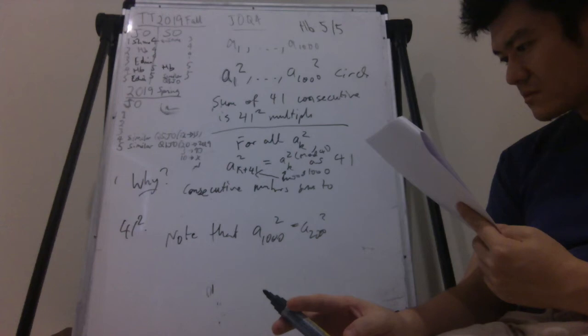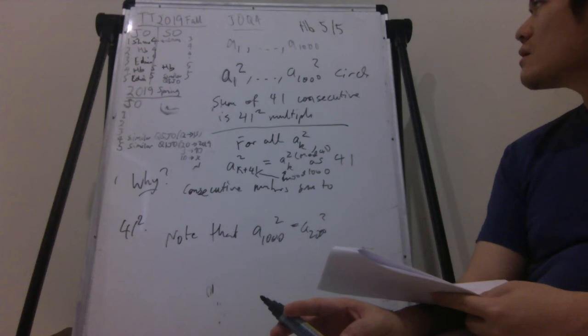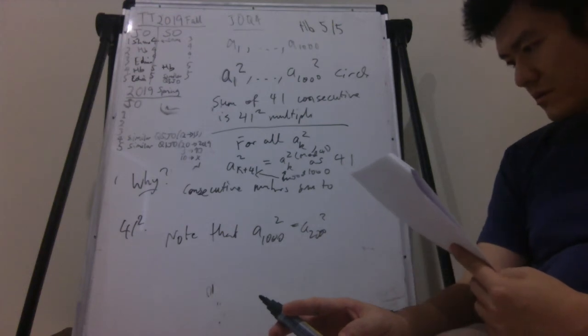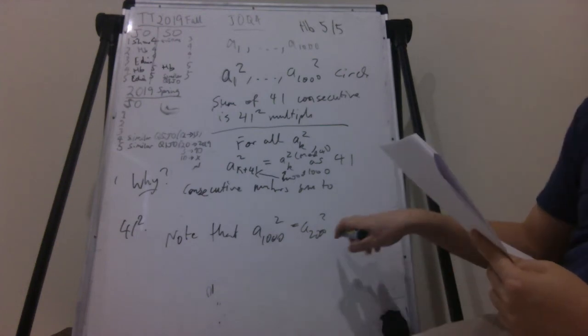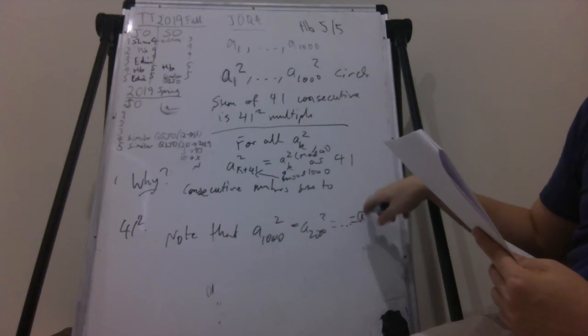I think it's talking about the mod 1000 stuff for no reason. Considering multiple cycles. Equals a squared 41,000.